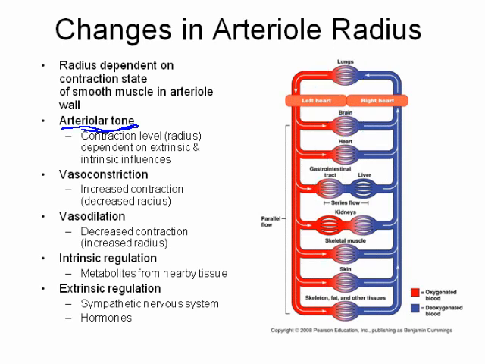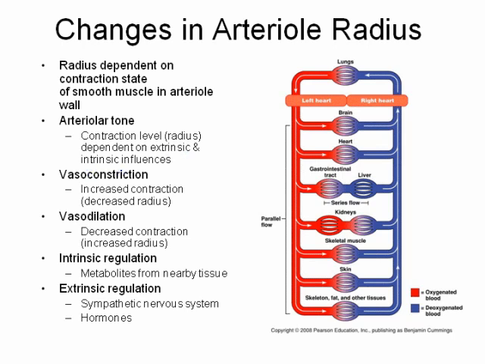So the arteriolar tone, what we mean by that is the level of contraction, or the radius, of these. And of course, it's dependent upon, again, we keep seeing this pattern, extrinsic and intrinsic influences. Extrinsic influences are, of course, the sympathetic nervous system. Hormones can as well. We'll talk about that later. Some of it we'll even talk about once we get into the renal system.